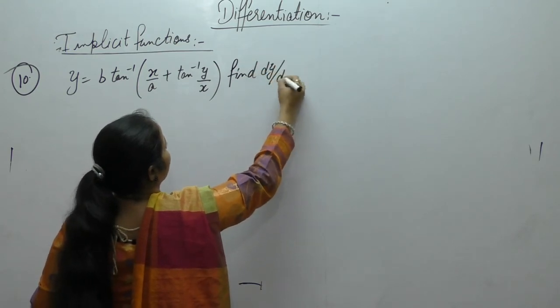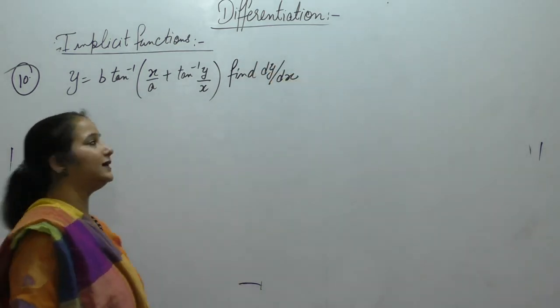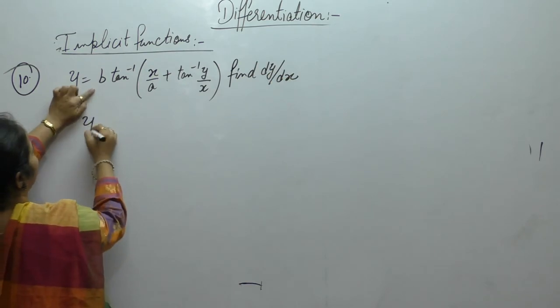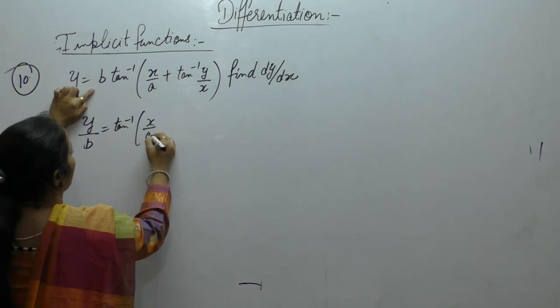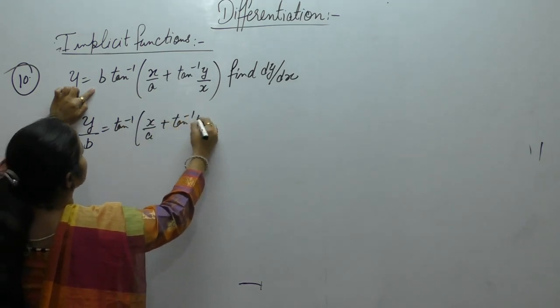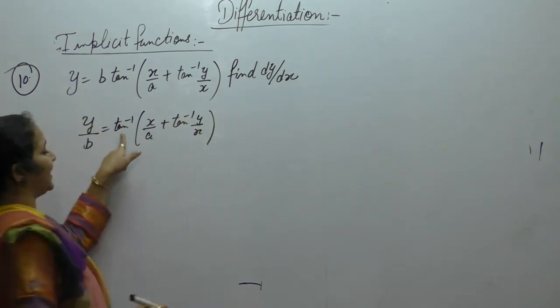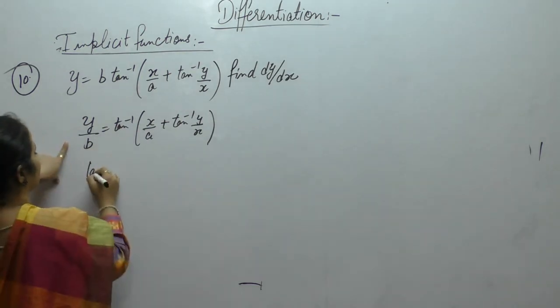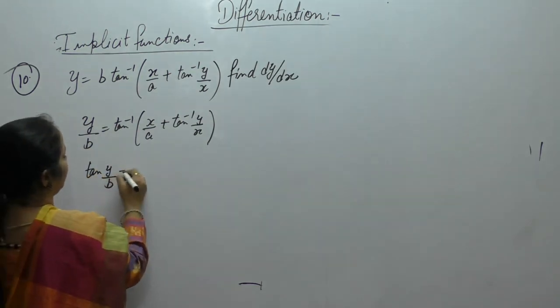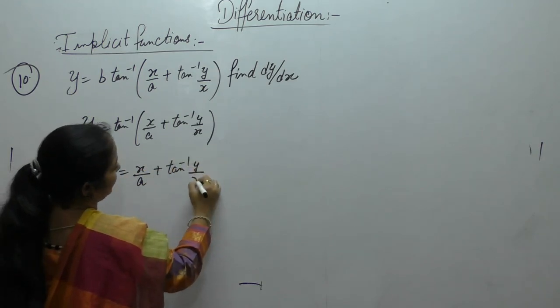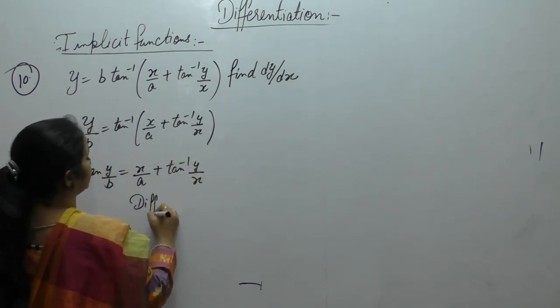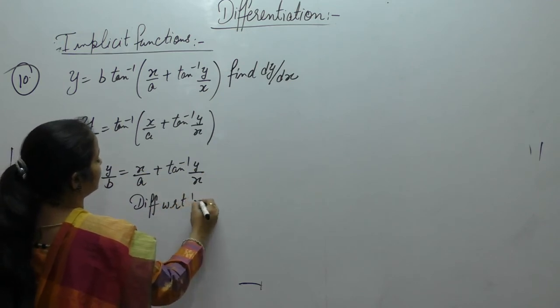Now we can write it as y upon b equals tan inverse x upon a plus tan inverse y upon x. Tan inverse goes to the other side, so it becomes tan y upon b equals x upon a plus tan inverse y upon x. Now differentiate with respect to x.